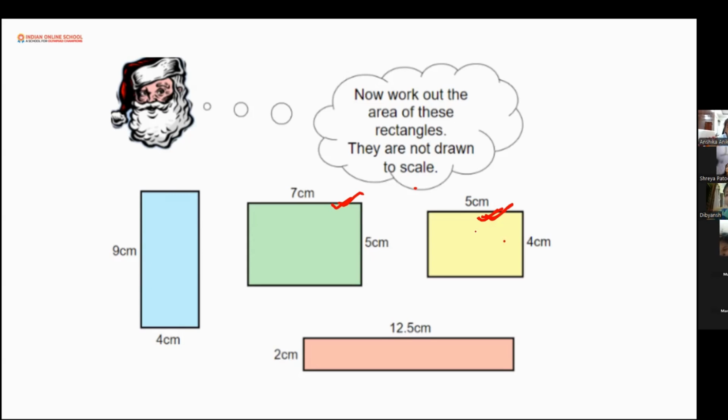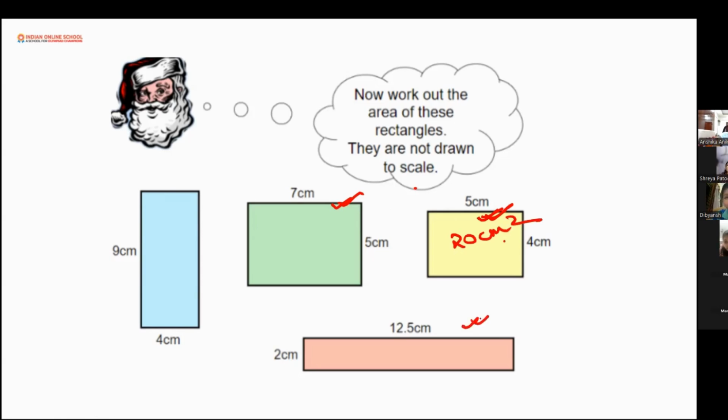Let me think for a moment. Yeah, sure. 4, I mean 20. 20 centimeters square. Okay, 20 centimeters square. So that's the answer.